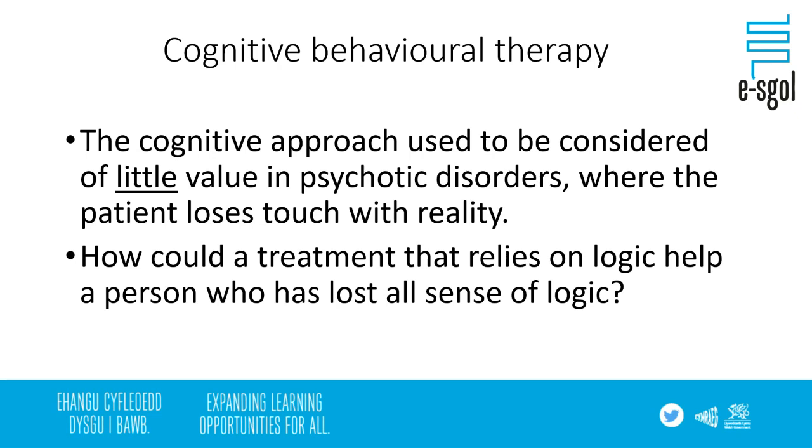And we know that people with schizophrenia lose touch with reality. So if you don't know what's real and what's not, how are you going to have logic over your thoughts? So for a long time, it's been sort of not disregarded, but not really favoured as a treatment, and people have really stuck with drug therapy.